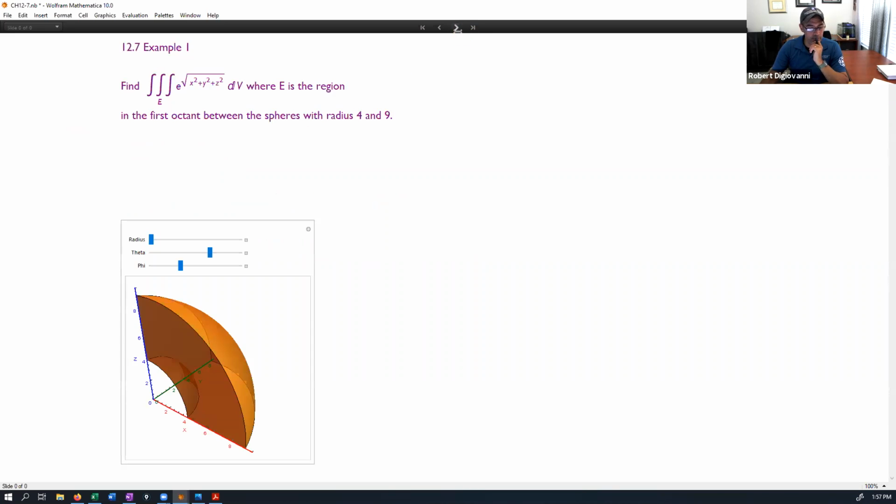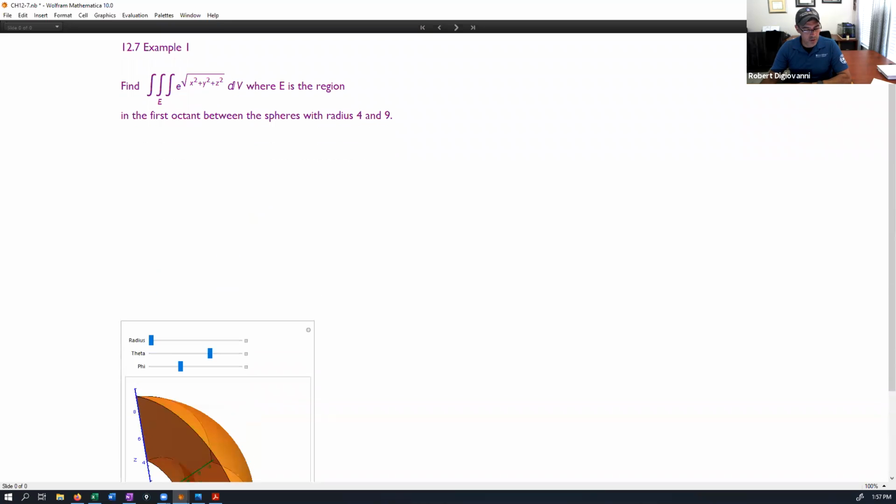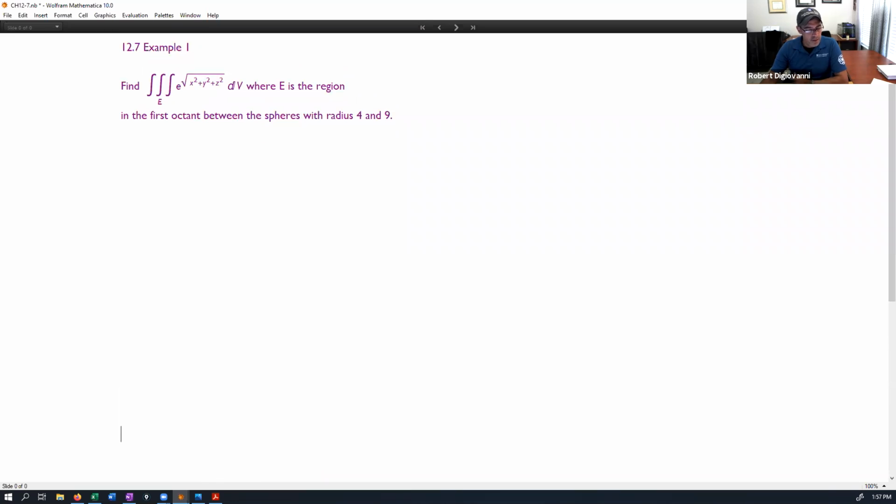All right, so here we go. Now, I've kind of given this away already because I'm showing you the picture here, but it says find the triple integral over E of e to the square root of x squared plus y squared plus z squared dV, where E is the region in the first octant between the spheres of radius 4 and 9. So we need to understand what this region looks like, right? So sphere of radius 4, sphere of radius 9.